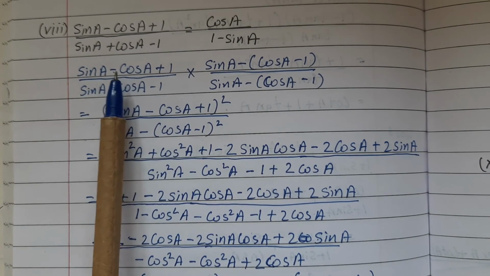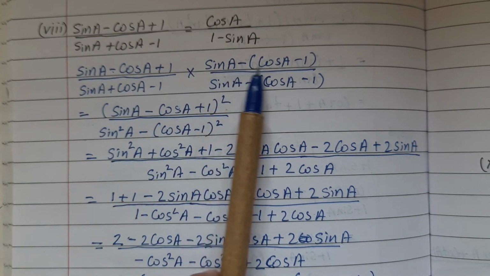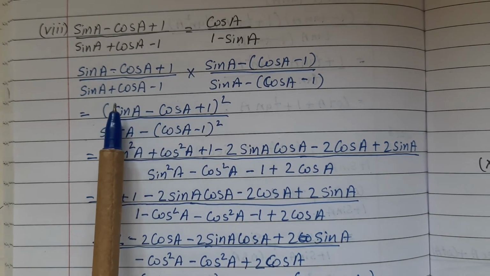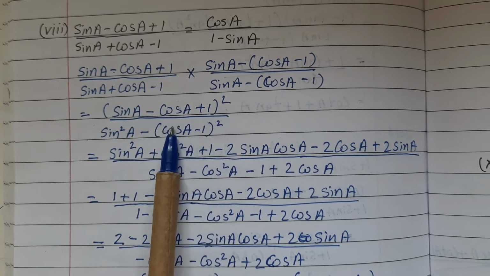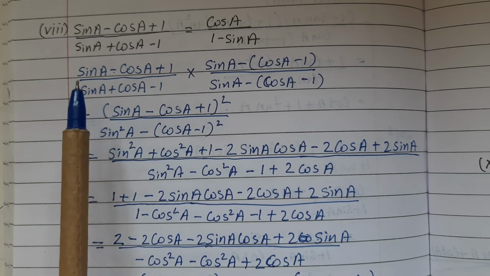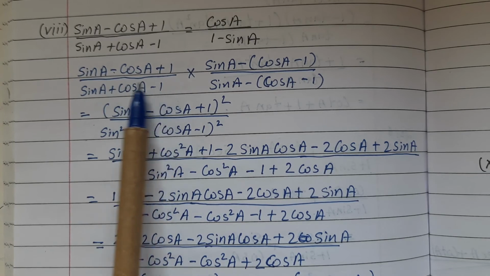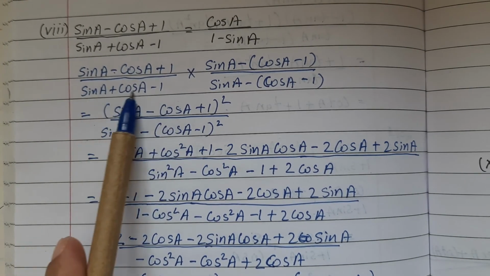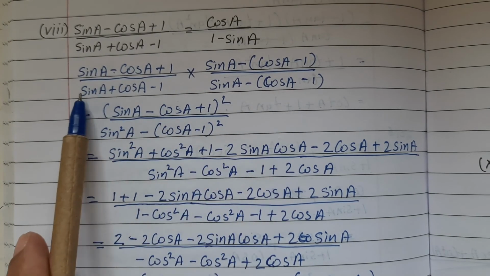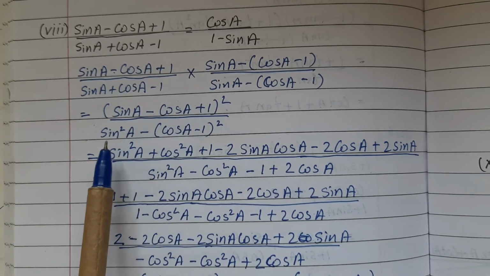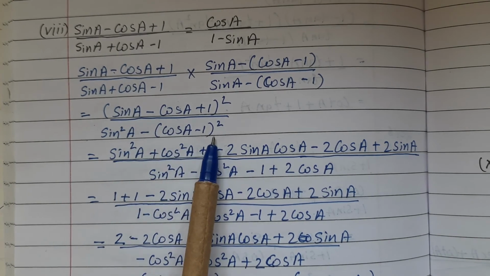Therefore this will become sin a minus cos a plus 1 the whole square, upon, in this term a is sin a and b is cos a minus 1. So a plus b is the numerator term, a minus b, and a square minus b square. So sin square a minus cos a minus 1 the whole square.